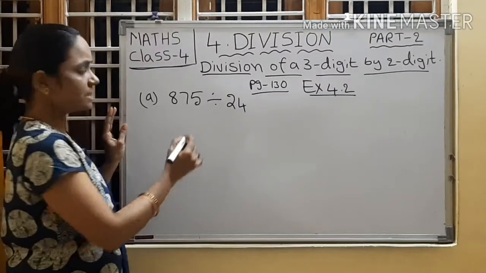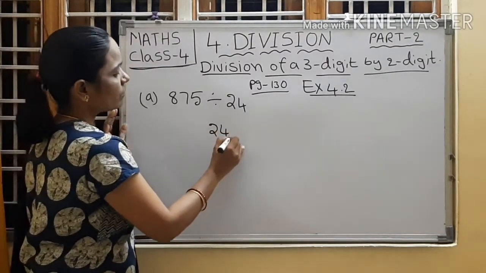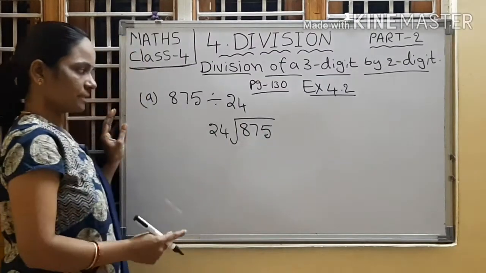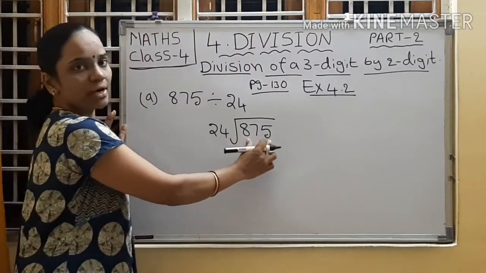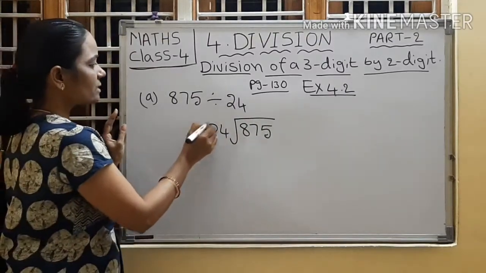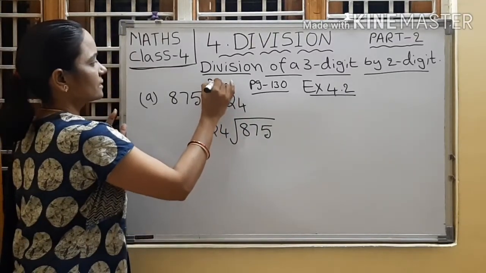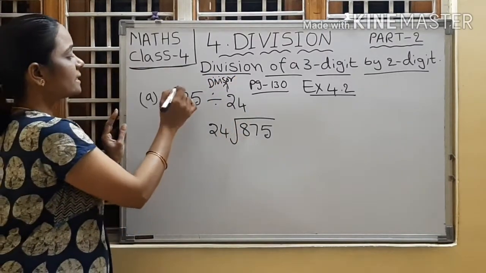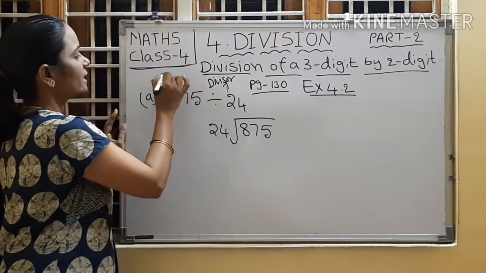First, long division means we have to write the problem in this way. 875, the bigger number, inside, and outside we write the smaller number. This is the divisor. 24 is the divisor and 875 is the dividend.